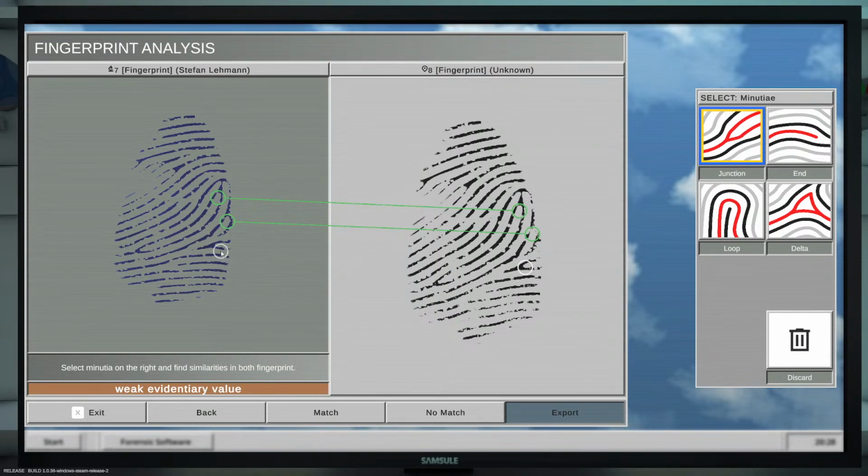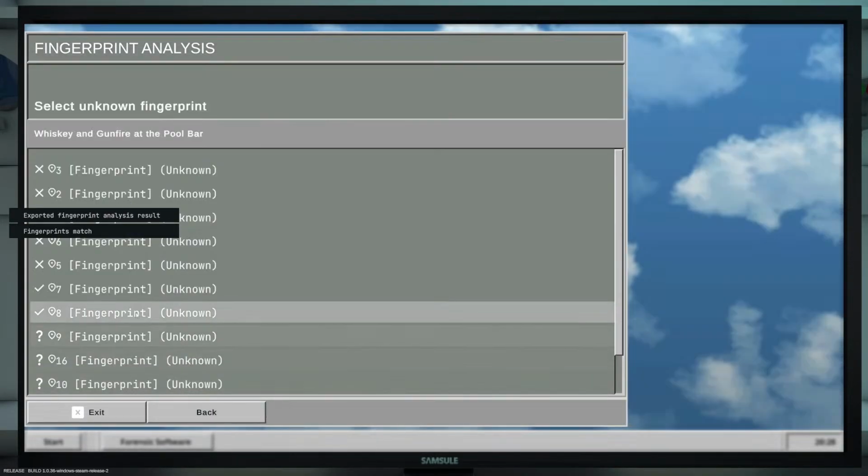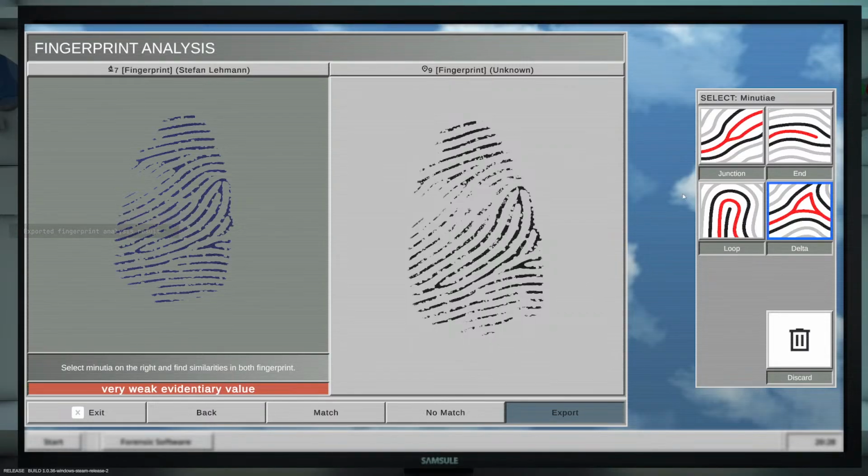Yeah, we'll just get all these junctions. Junctions are easy money. Okay, this is them again. Yeah, I would assume the waitress probably has fingerprints everywhere in the bar.